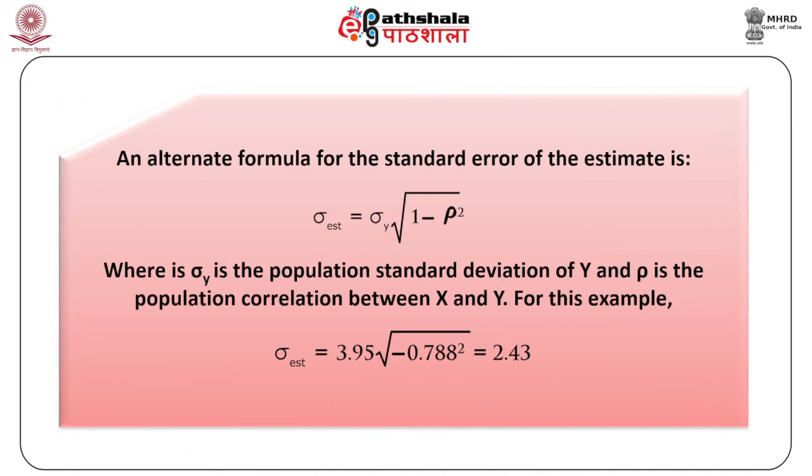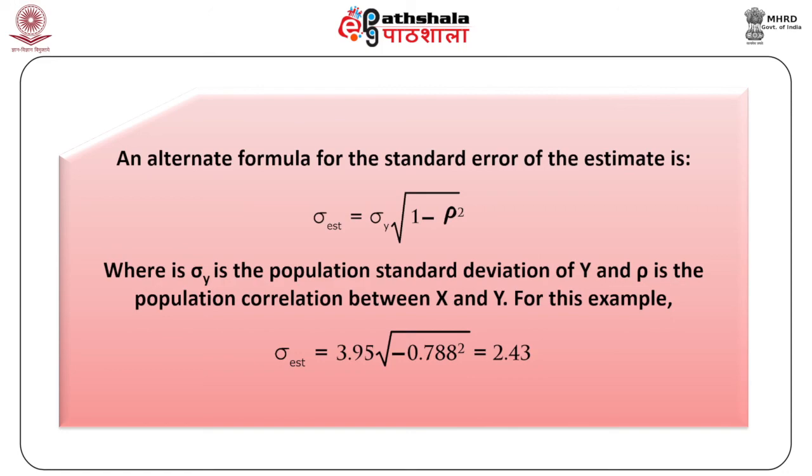An alternate formula for the standard error of the estimate is sigma est equals sigma y multiplied by under root 1 minus rho square, where sigma y is the population standard deviation of y and rho is the population correlation between x and y.